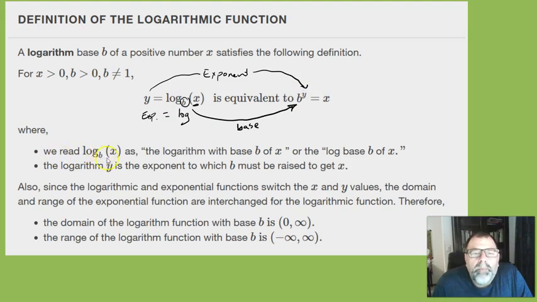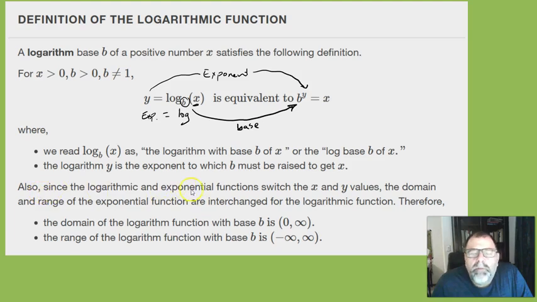Okay, we read log base b of x as the logarithm with base b of x. So log is short for logarithm. The logarithm y is the exponent to which b must be raised to get x. Okay, so y is basically b to what power to get x.